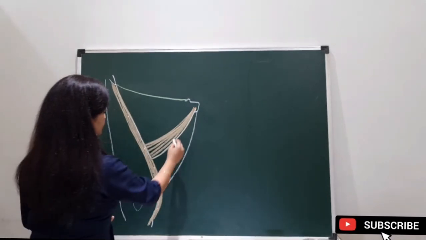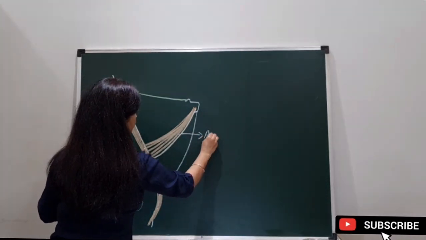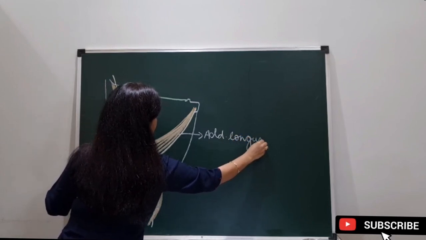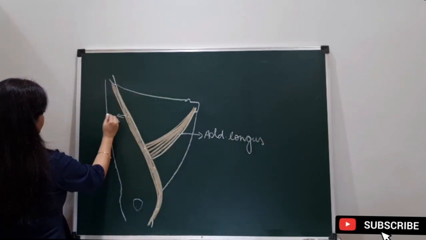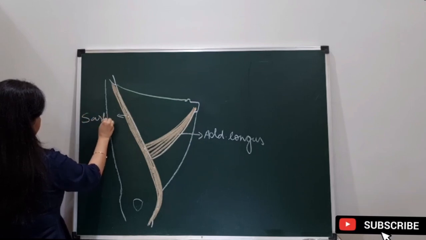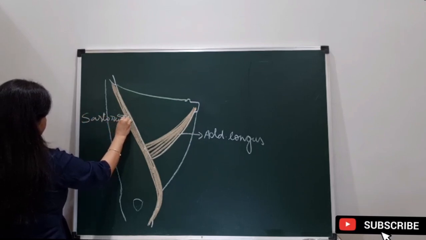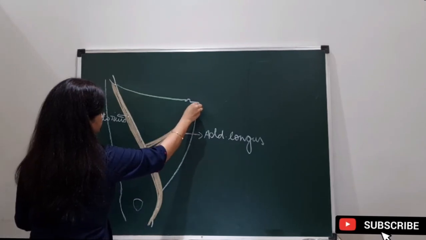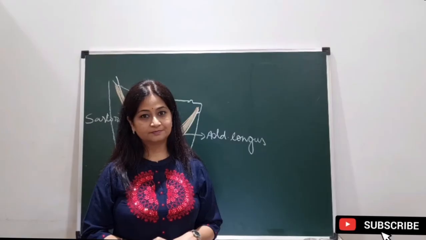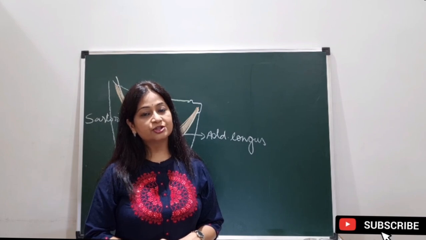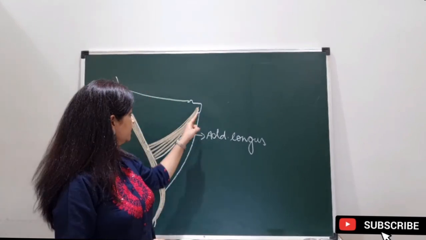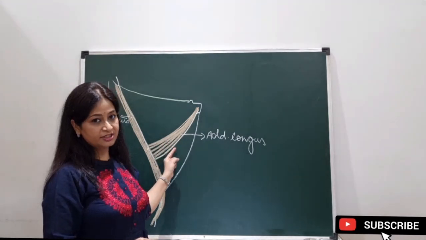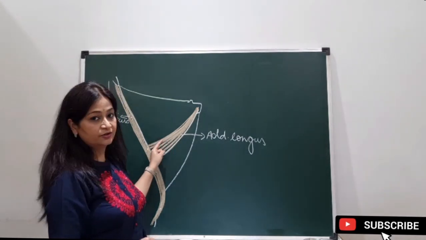So I will label these muscles. This is adductor longus and this is sartorius. Now it is important to note that here the medial border is forming the medial boundary of this triangle and not the lateral border.